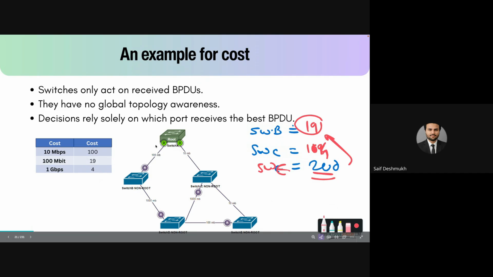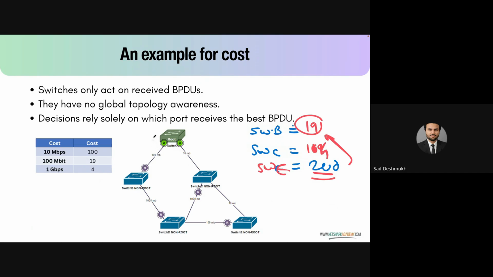First of all, when the root bridge says, okay, I'm the designated port, definitely I will not put the interface into blocking state. In the beginning, a couple of BPDUs were sent out and it knows that these are inferior to me. The guy that is sending me its BPDUs is inferior to me because it has a lower bridge ID. It will not react. It will keep the interface as a designated port. Same thing happening here.